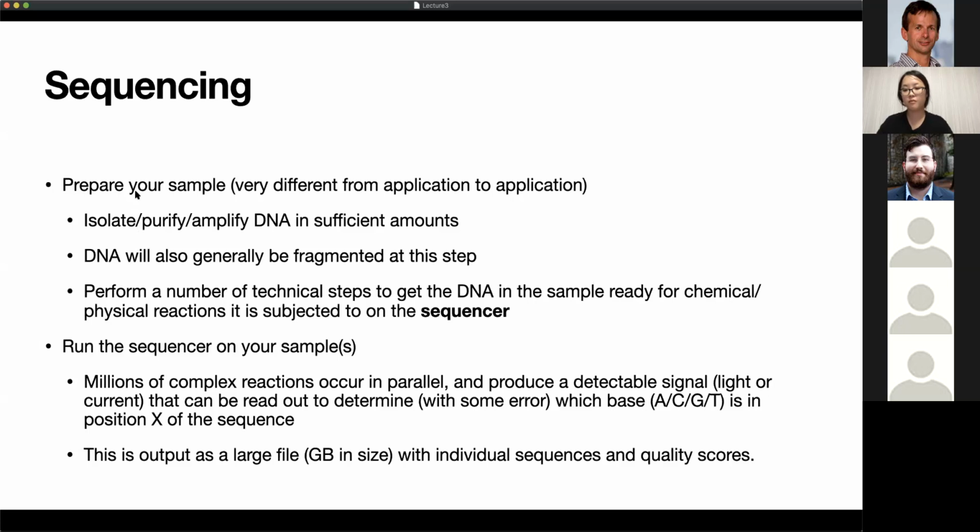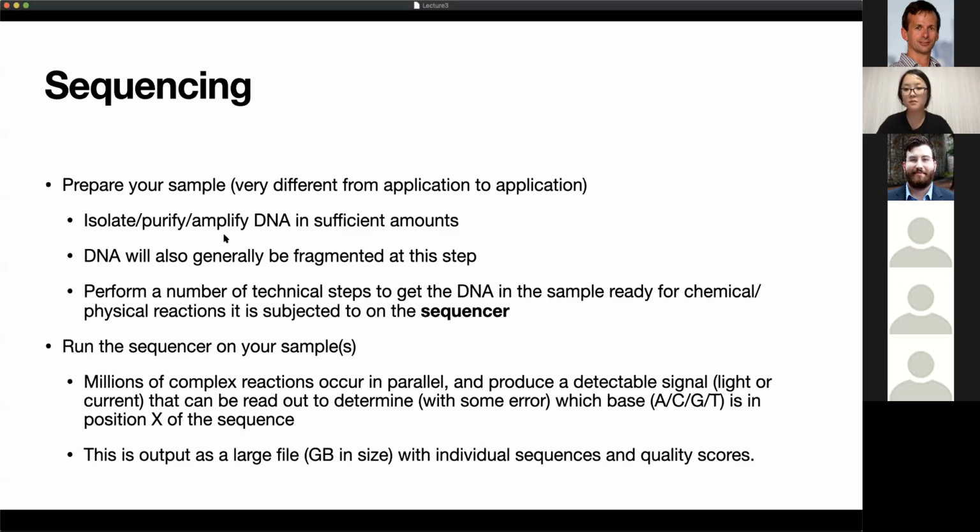So the first thing, you have to prepare your sample. How you do this is very different from application to application. And a lot of people make careers quite successfully coming up with clever ways to do sample preparation so you can use a standard sequencing technique to learn something new.